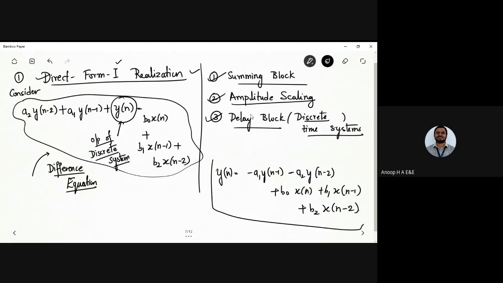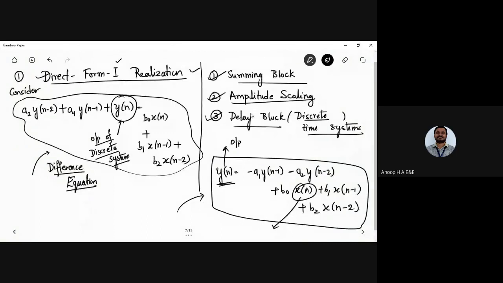All these things form the output, that is y of n, and x of n is the input.